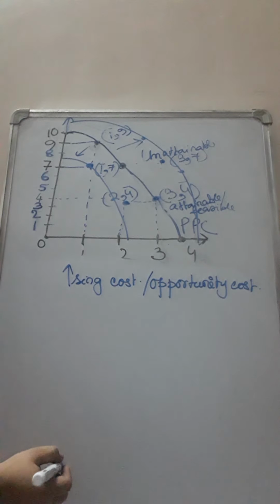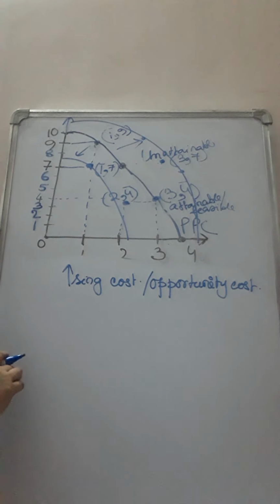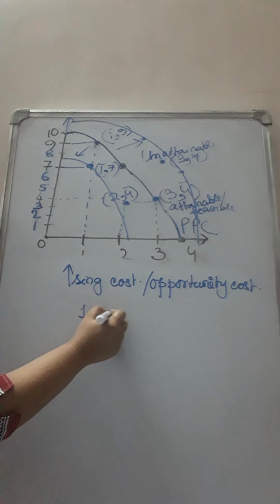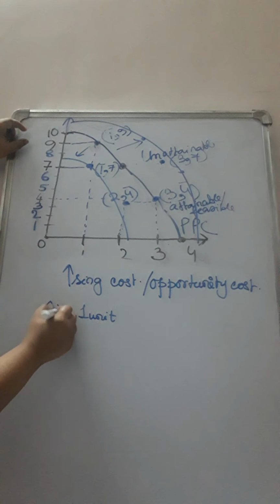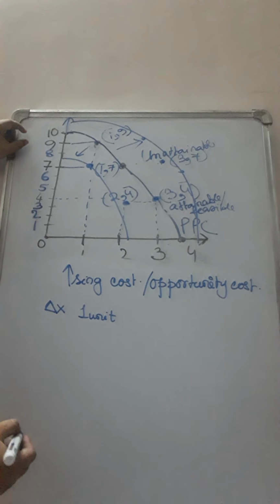Now what do you mean by increasing cost? If you are producing X, suppose you are increasing by 1 unit of X. For changing this amount of X, delta means change, the symbol of change is delta. So the change in X is 1 unit, you are increasing by 1 unit. Then what do you need to sacrifice?